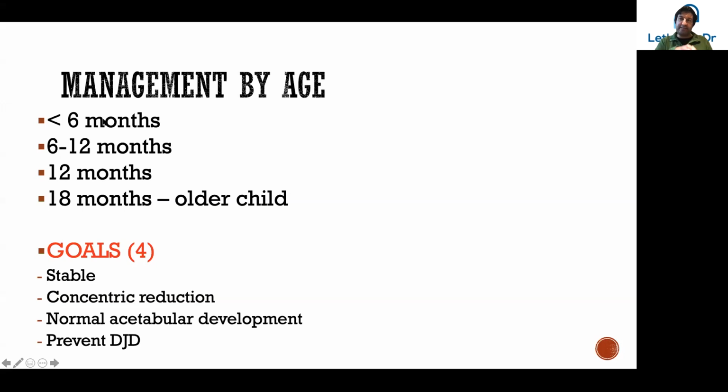So I'm going to break it down into these 4 timelines. Now, I must reiterate that there is variation between pediatric centers. I know certain people do things earlier, but for the exam, I would just learn these 4 main categories and stick to them. Less than 6 months, 6 to 12 months, at 12 months, and 18 months to the older child. I think it's the easiest way to break it down.